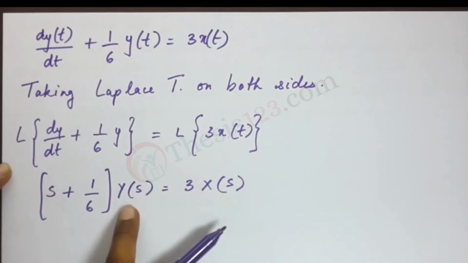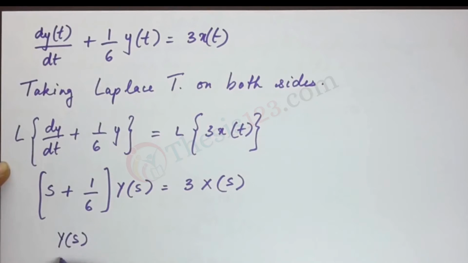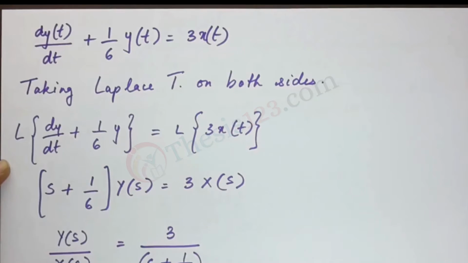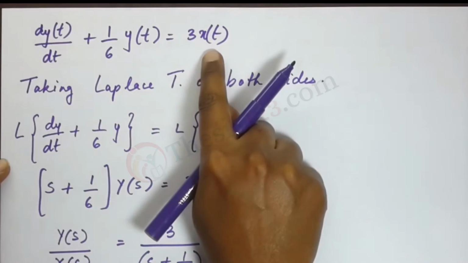Now let's take the ratio of Y of s to X of s. Y of s by X of s can be written as 3 divided by (s plus 1/6). Okay, so we have the ratio here. Now the next thing is we already have what x of t is.